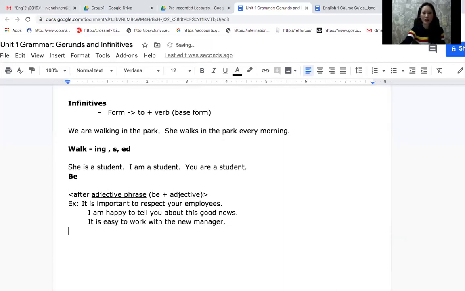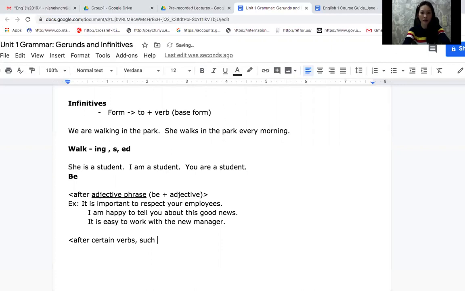More notes from the book. The book says infinitives are also used after certain verbs. So case 2, after certain verbs. What are they?